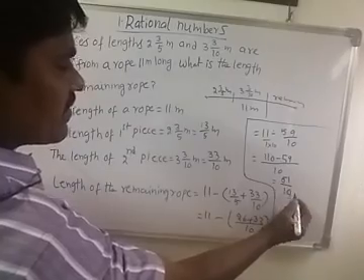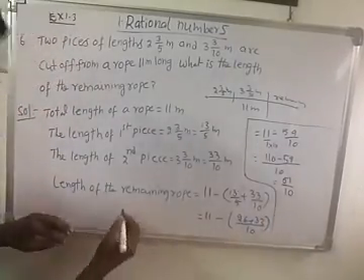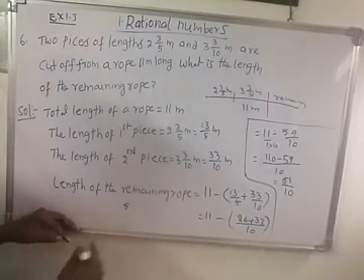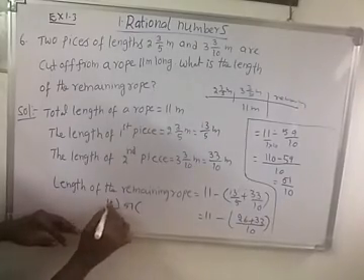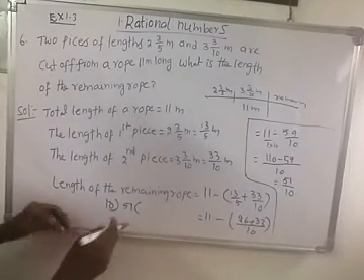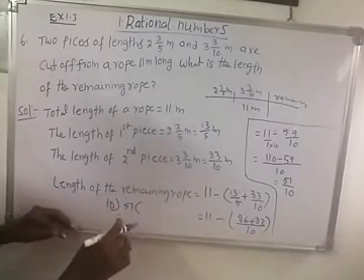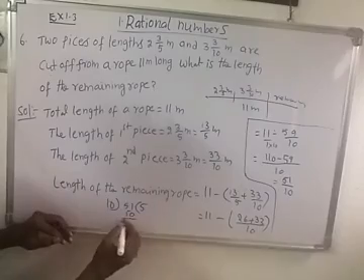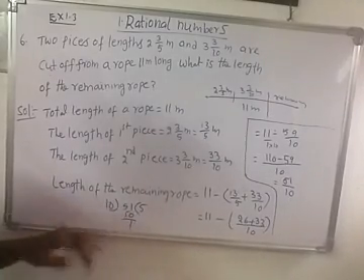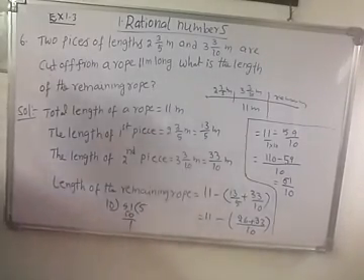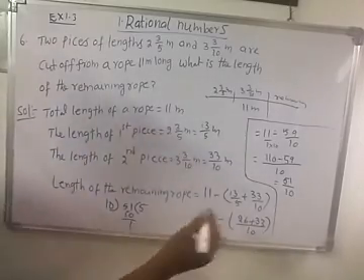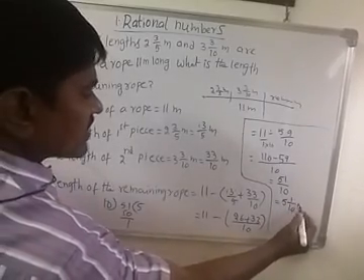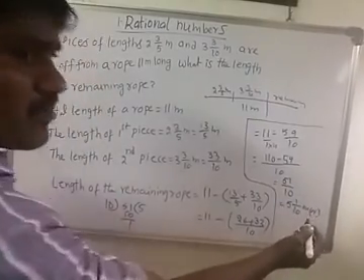51 by 10. Now 51 by 10 is an improper fraction. We are converting to a mixed fraction. 10 5s are 50, remainder 1, that is 5 1 by 10 or 5.1. That is equal to 5 1 by 10 meters or 5.1 meters.